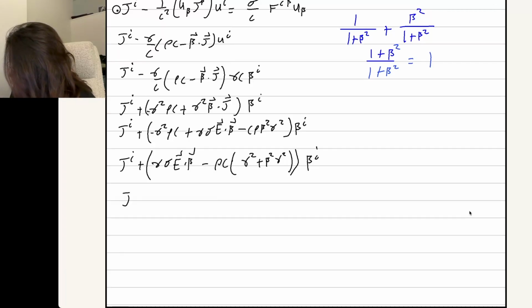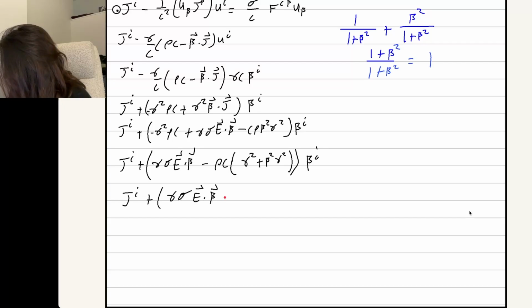We're going to just say that now this is J_i plus gamma sigma E dot beta minus rho C, that's multiplied by beta_i.